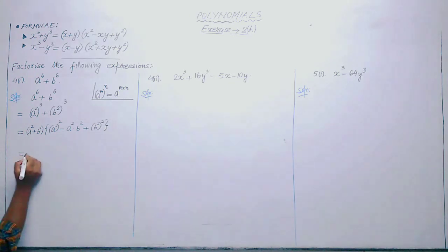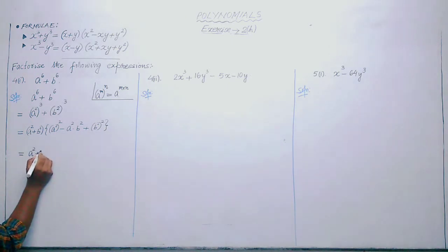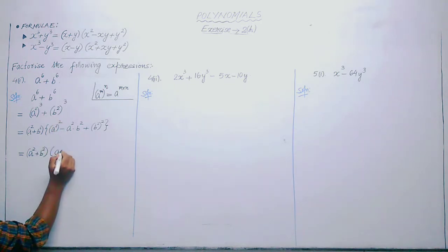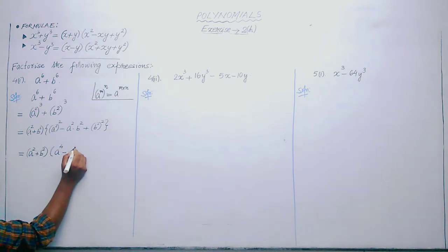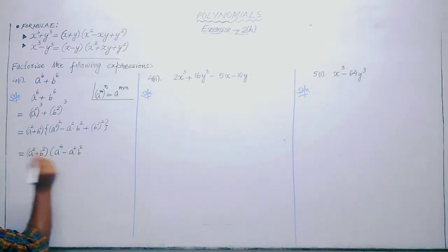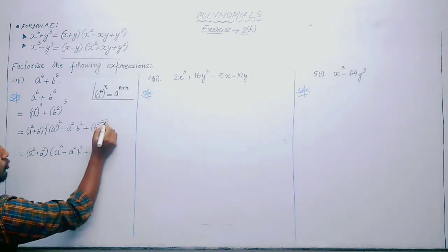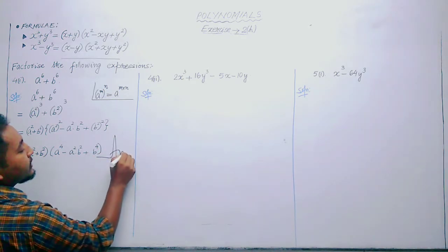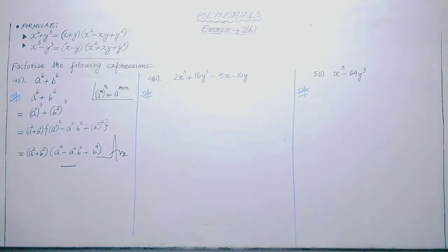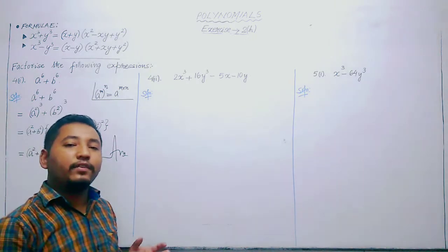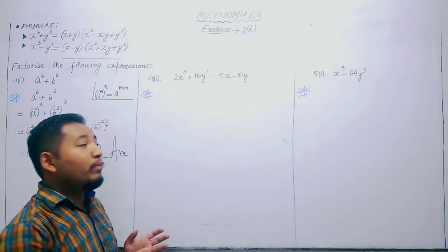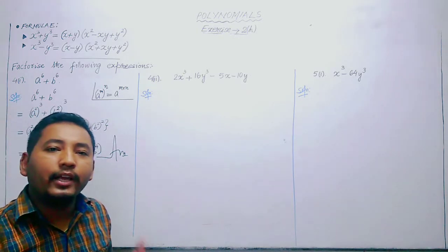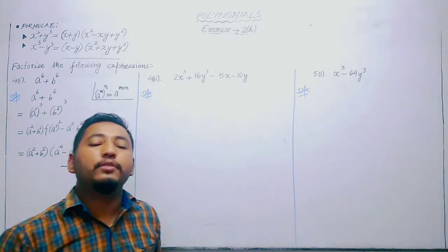So here you will get a square plus b square, a to the power 4 minus a square into b square as it is, plus b to the power 4. And this is our required answer. Isn't it very simple? Yes, it is very simple, but for that, you must remember some small laws, small formulas, which will really help us in solving different types of questions.